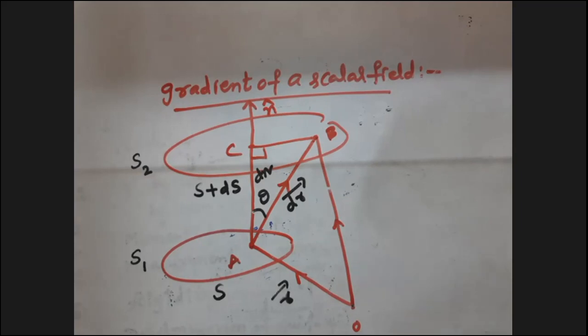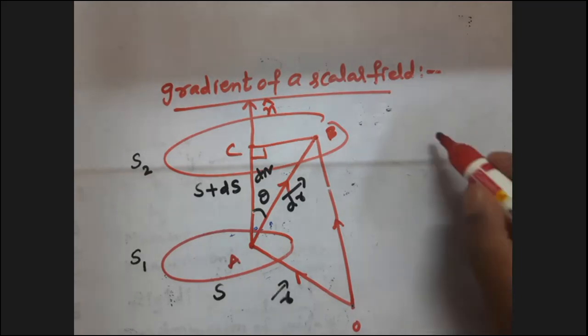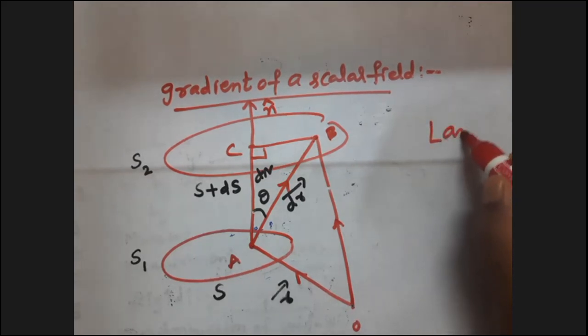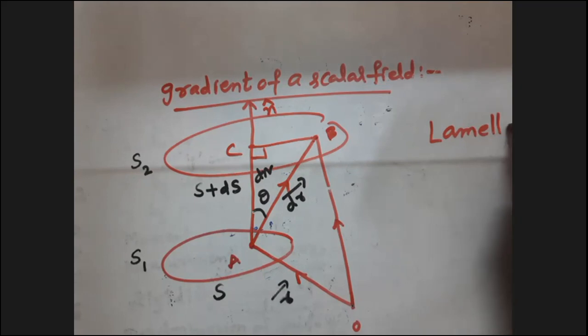So that type of vector fields are called lamellar vector fields. Okay. The gradient of the scalar field. If any scalar field is expressed as the gradient, that vector, so whatever the vector we are getting, that vector is called as lamellar vector. This is the significance. Lamellar vector.